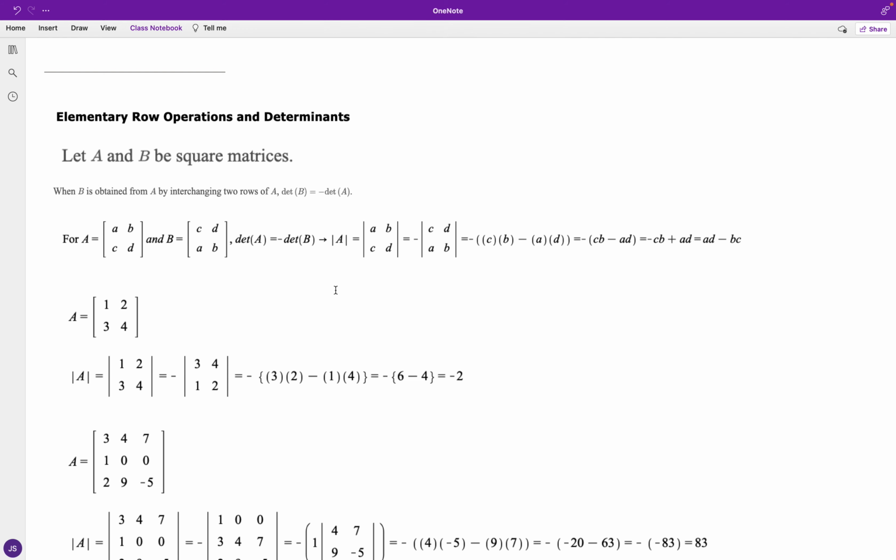Say you have the determinant of A, again in the conventional way, setting up a and b, c and d, where you have a times d minus b times c as the determinant.